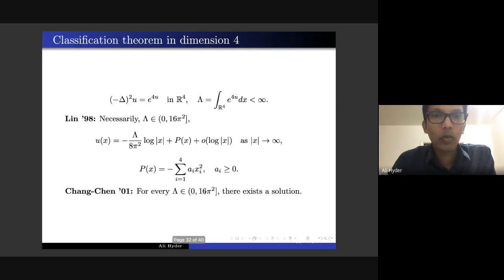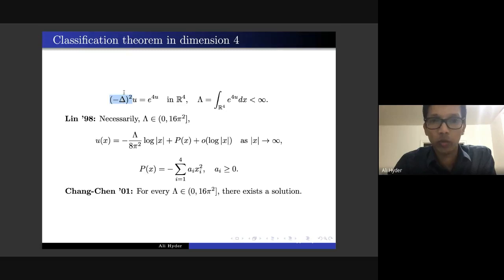Okay, now next we move to a higher order case, namely the fourth order case. Before, I was considering the Laplacian, so that was a second order derivative on a domain in R^2, in dimension 2. Now we are in dimension 4, R^4, and the order of the operator is also 4, because I am taking the Laplacian twice, a composition.